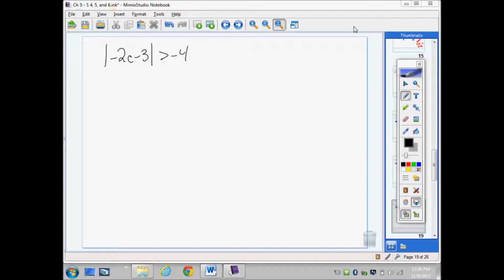But you can't have less than. That right here is no solution, because absolute value is not less than a negative. But absolute value is greater than a negative, so this is true. So I can solve, and you just solve it.